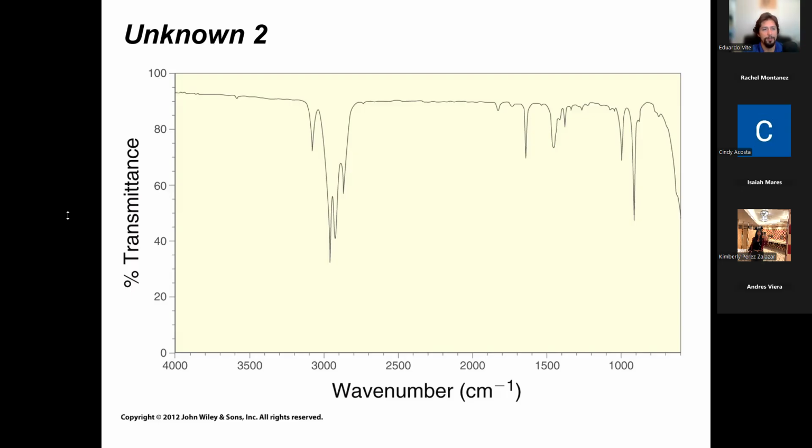And remember, if you're not sure where to start, ask yourself, is there a carbonyl? So here's 1500, 16, here's 1700. Is there any carbonyl peak at 1700? No, right? If there were, it would look like this. It would be very strong and it would go all the way to the bottom and it would be kind of sharp. And we don't see it.